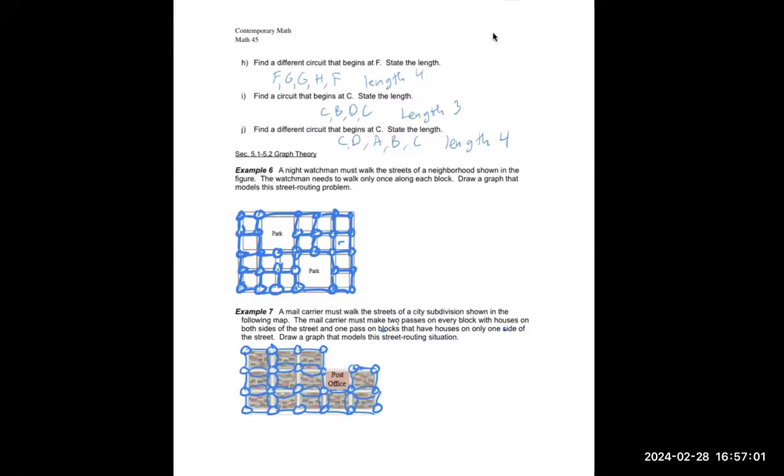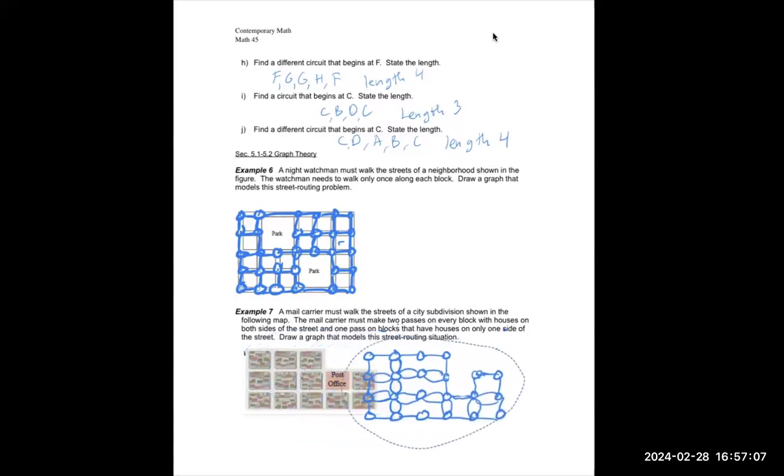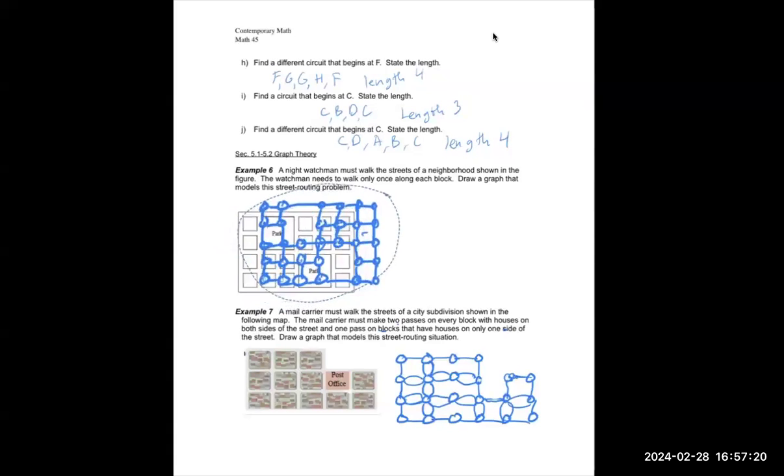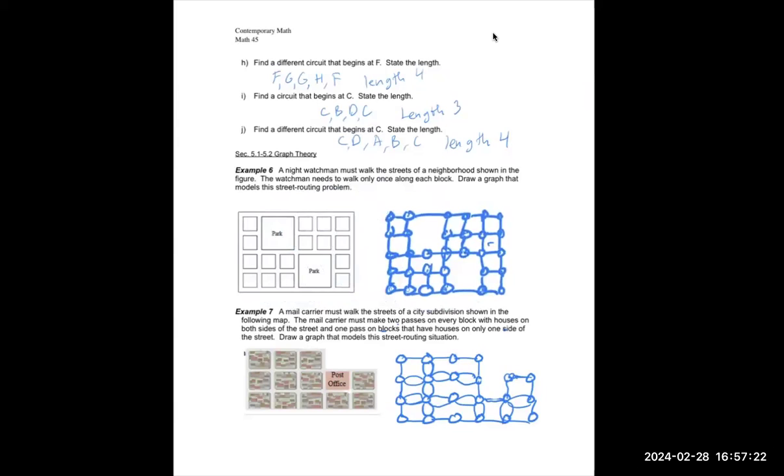Let me see if I could lasso all my blue drawings. I might be able to just pick them up and move them. Okay, look there. That's what the actual model should look like. If you just picked up all of my blue drawings and moved them, that's what the model would look like. So there you go.